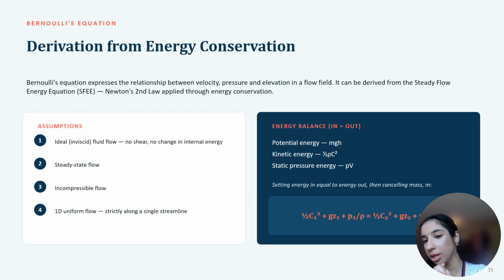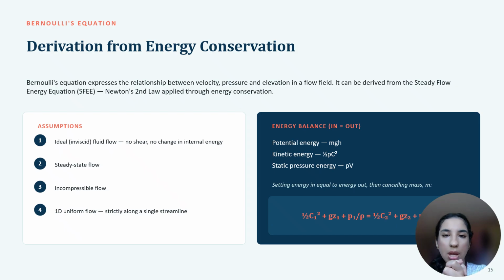You have the potential energy, mgh, kinetic energy, half rho c squared. Here we don't use m, for a reason, because the mass is not taken into account. Anyways, we have static pressure energy, that is just pressure times velocity.